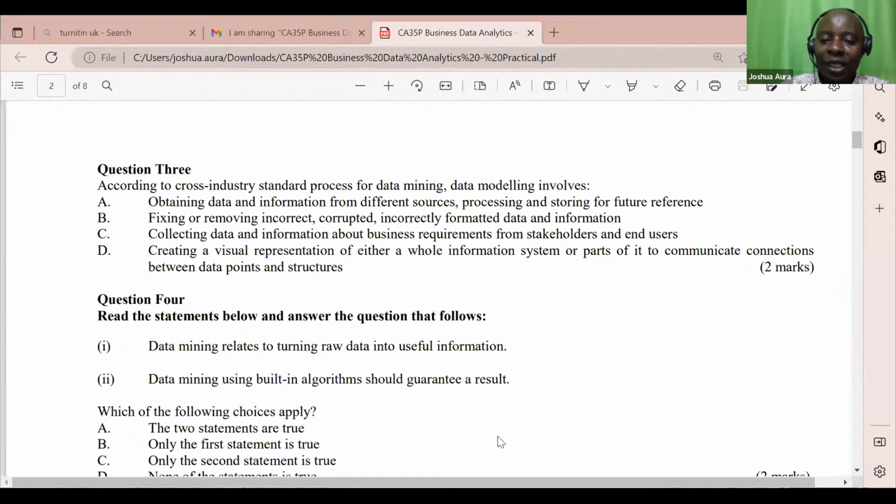So we still have 1 more minute. A, obtaining data and information from different sources, processing and storing for future reference. Really, it can't be. When you're modeling, a good thing you're supposed to be thinking about is regression analysis.